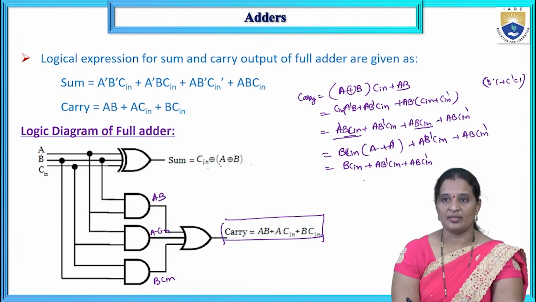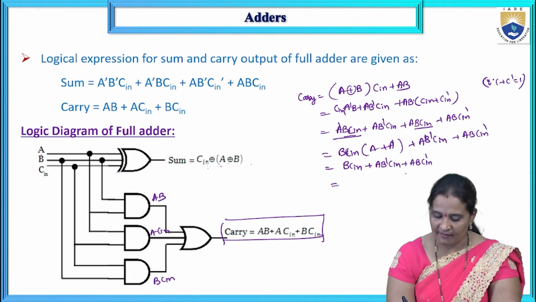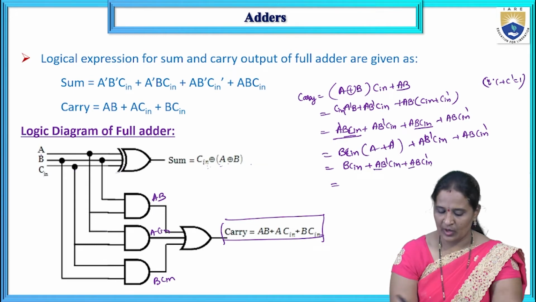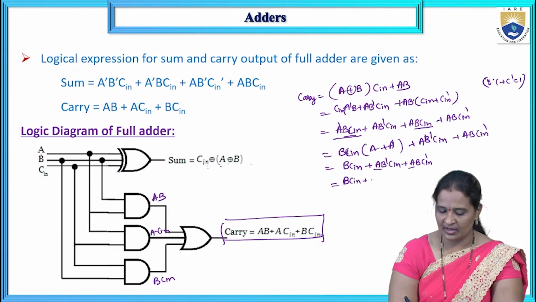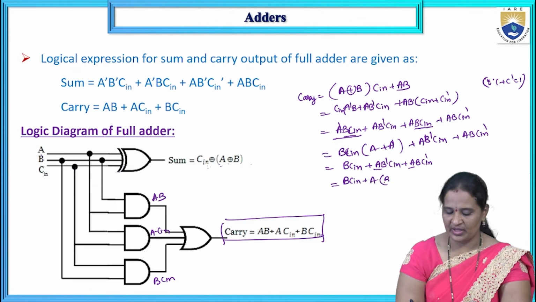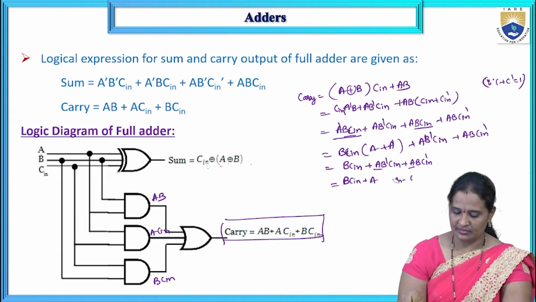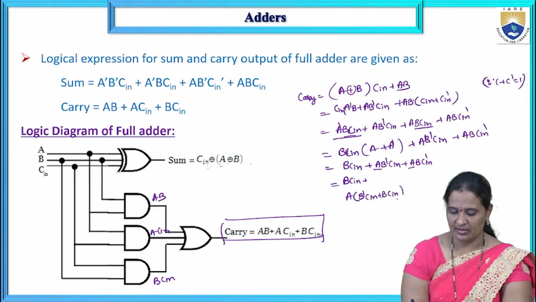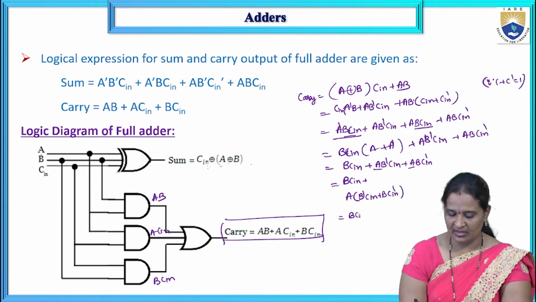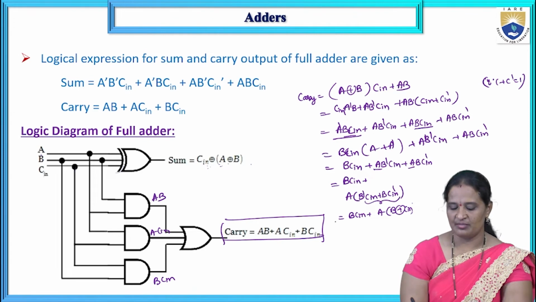Now I take A as common: B bar Cin plus B Cin bar. So we get B Cin plus A into B XOR Cin. So this I can write as B XOR Cin.